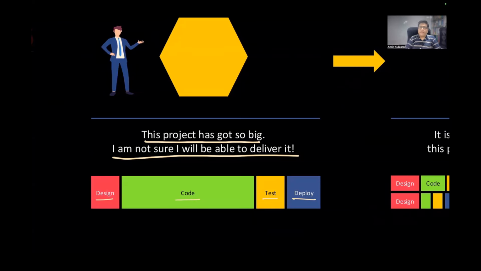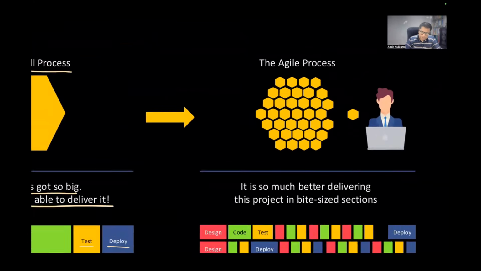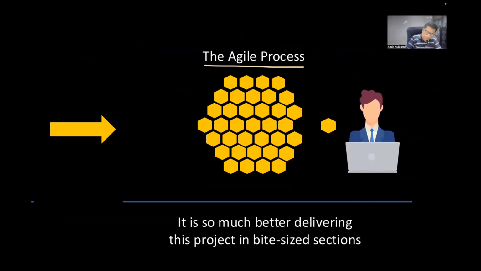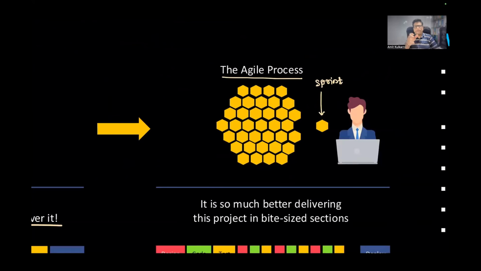So what is the solution then? The solution for this problem is to go for the agile process. It's like what the British used against India to rule India for 150 years: divide and conquer. So instead of looking at the whole big project, you keep on dividing it into smaller portions, and that smaller portion here is called a sprint. A sprint is a part of your project which you can finish in hardly a week or so.